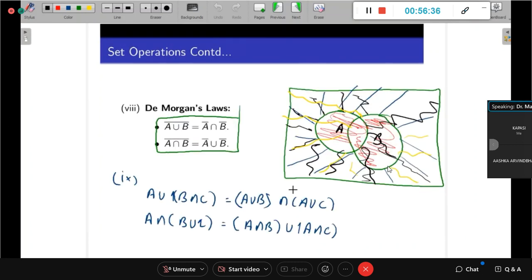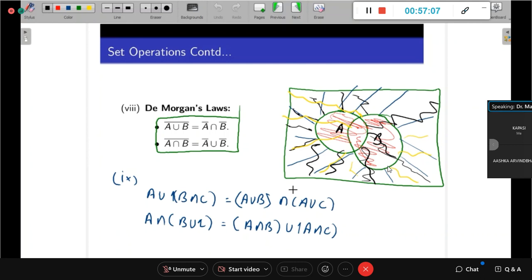Now, De Morgan's law, and it can be visualized through a Venn diagram. De Morgan's law says that if you take the union of two sets and take their complement, that is equal to taking the complement of A, taking the complement of B, and finding their common part.